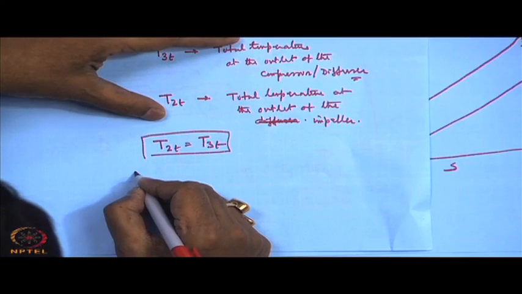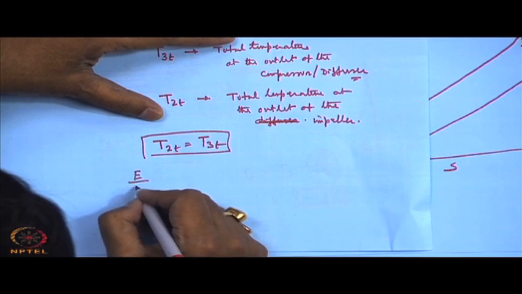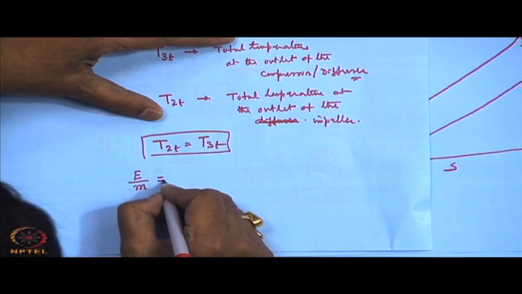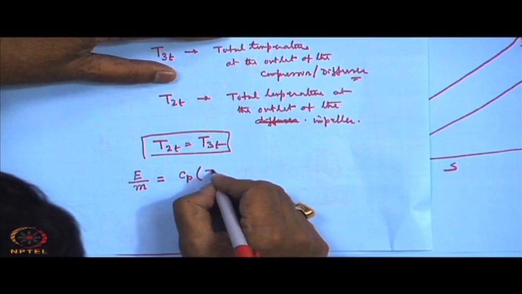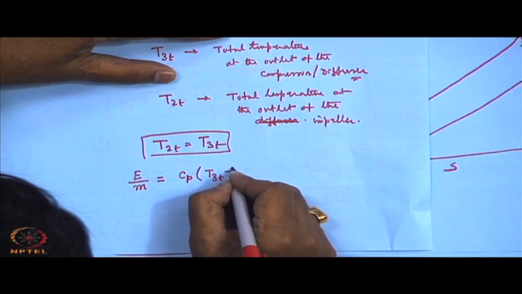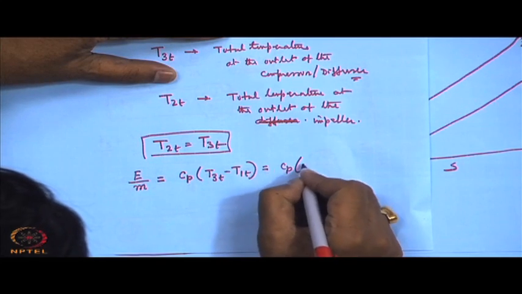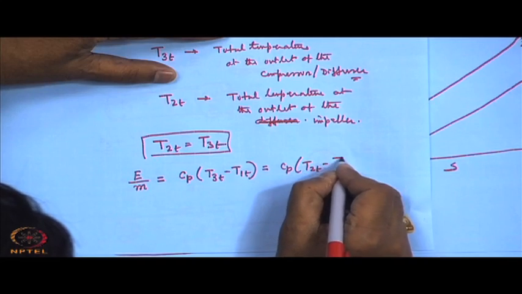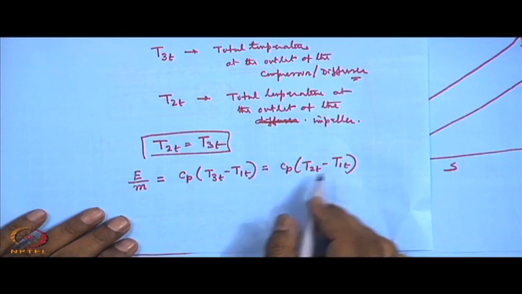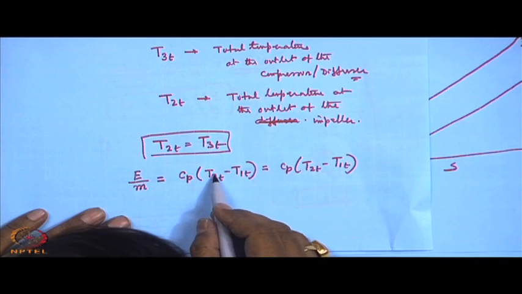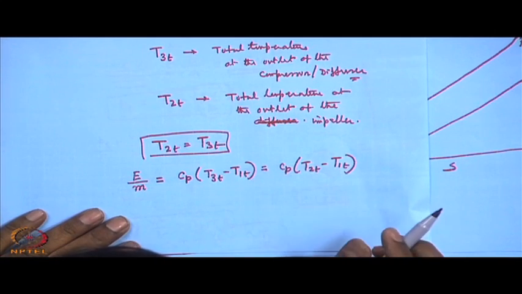So we can write that the work done per unit mass, or energy added per unit mass, is equal to Cp, the specific heat, into T3T minus T1T, or equal to Cp into T2T minus T1T. Clear? We can write this very well: Cp into T3T minus T1T is equal to Cp into T2T minus T1T.